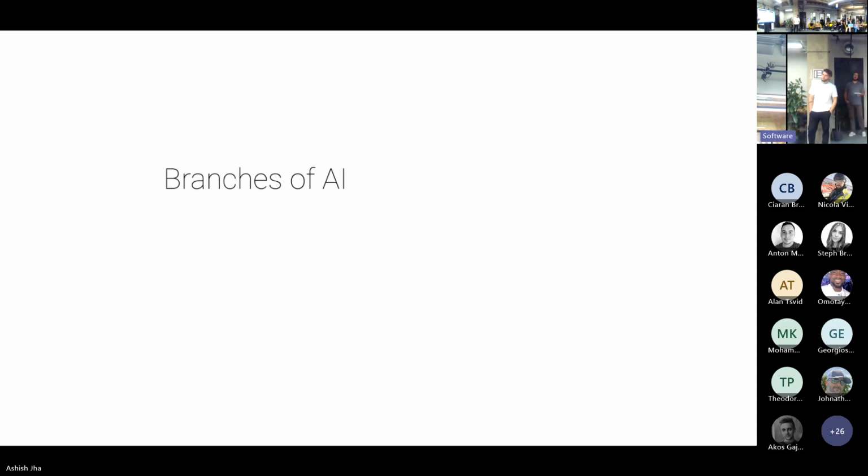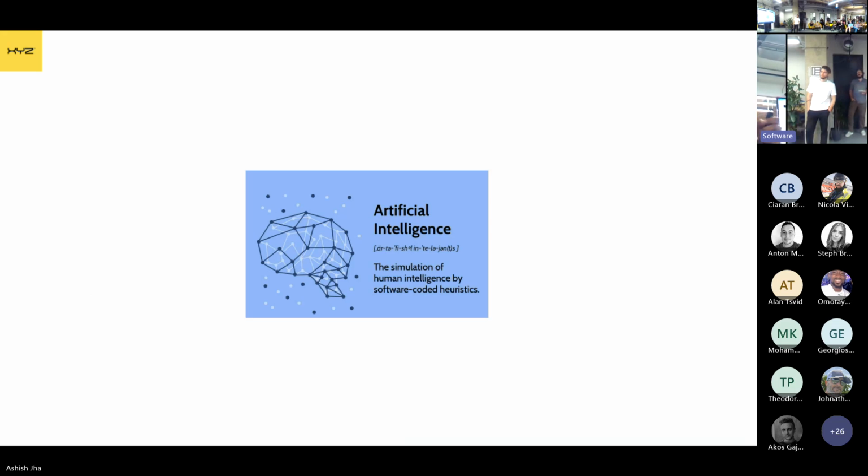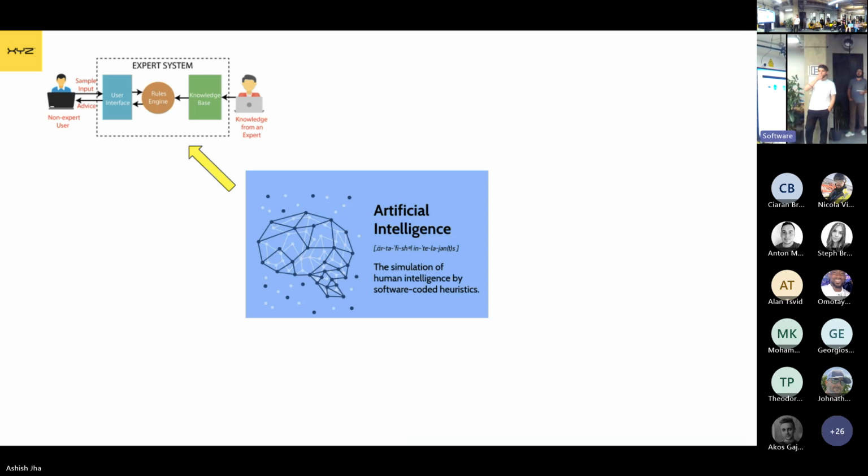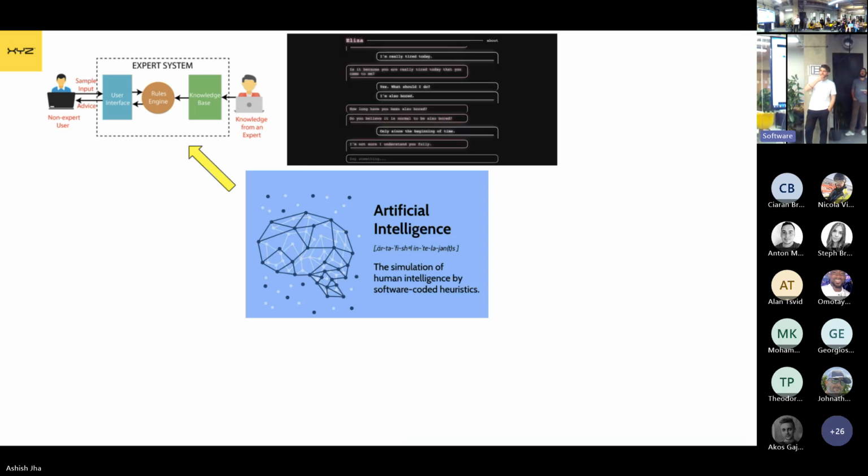Cool. Going from the history slash timeline of AI, I also want to tell you that AI is not just one discipline. It has a lot of disciplines around it, which most people don't consider today because they're just focusing on that one particular branch. Starting off with something called expert systems, and I spoke about ELIZA, where you have a rule engine which looks at a pattern in your sentence and replies cleverly with some words around that same word that you have entered, to make it look like it understood you, but it's just some rules.